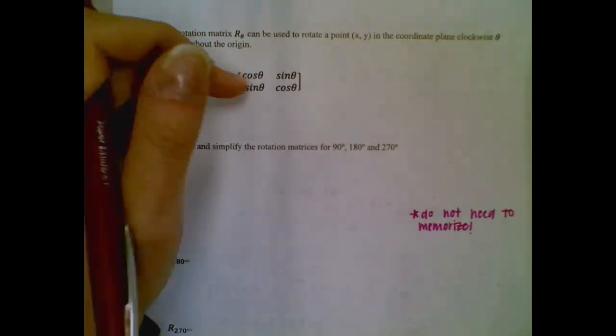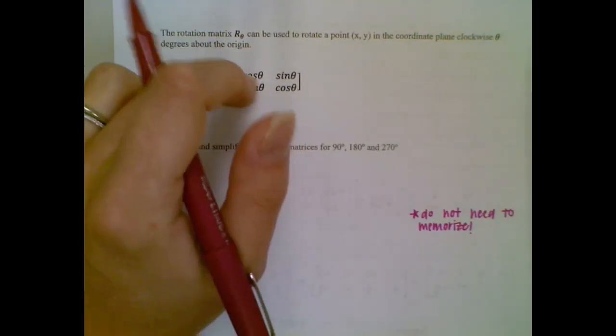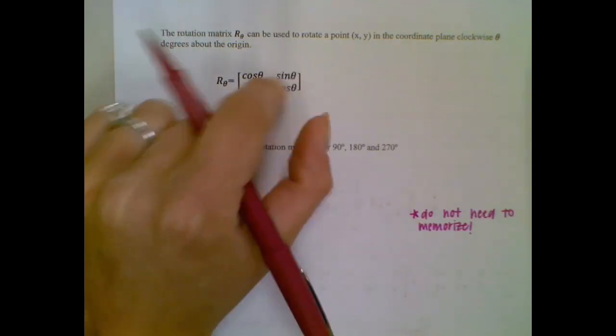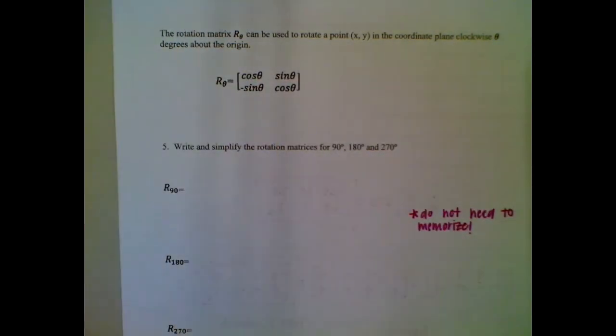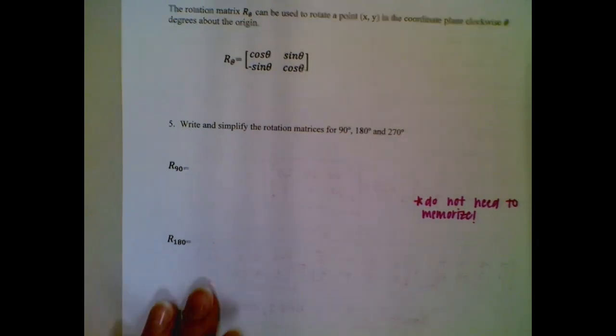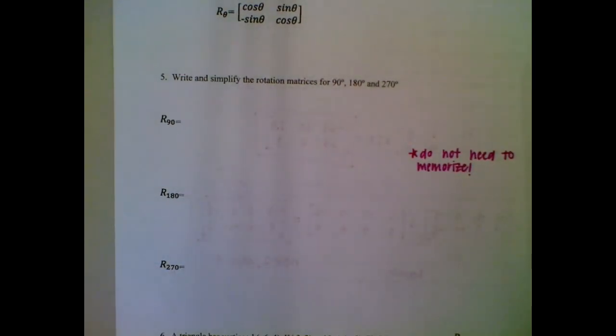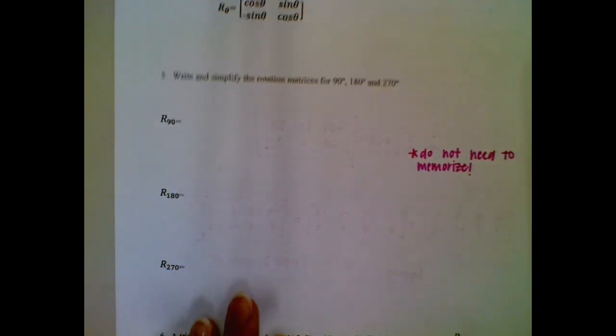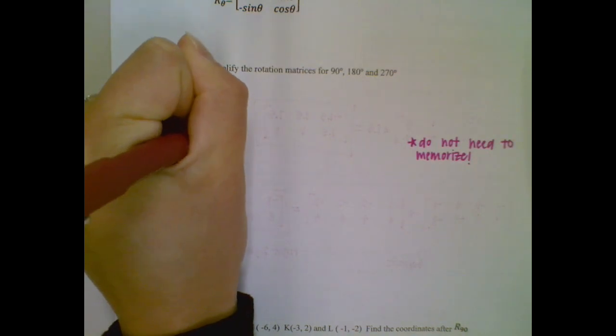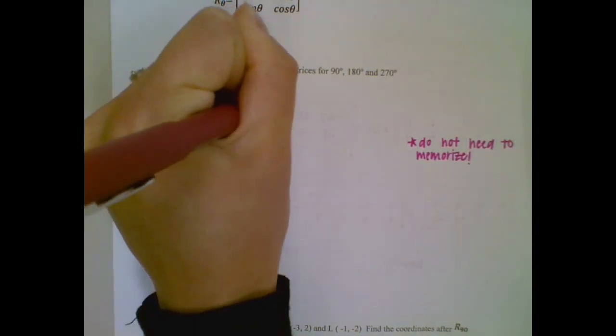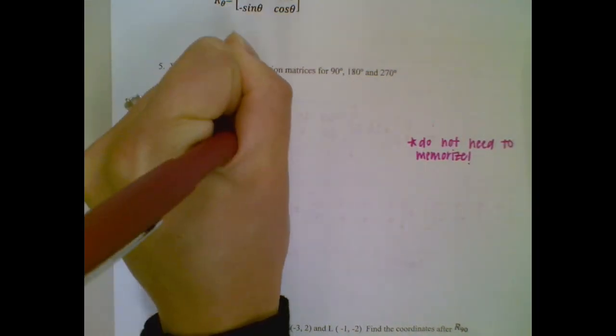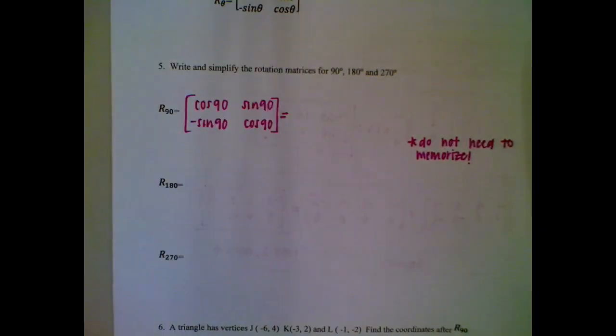But you're going to take cosine of the angle in both of these entries and then sine of the angle in both of these entries. Just this one, you're going to do the negative version of it, okay? So let's talk about the setup here. So we've got cosine of 90, negative sine of 90, sine of 90, and cosine of 90. That's our setup. Okay. All right, unit circle.